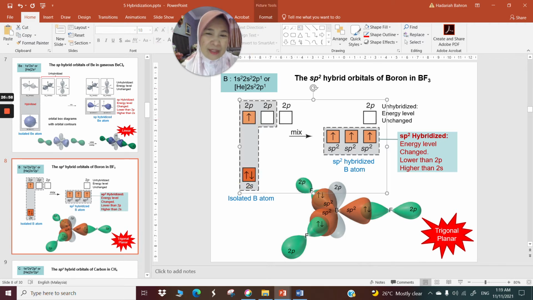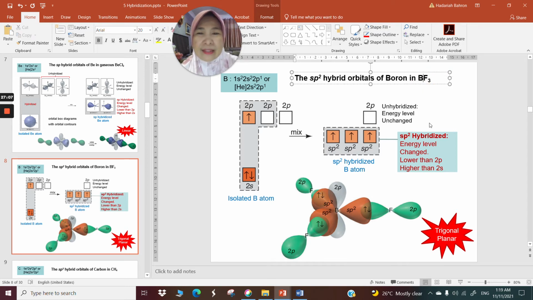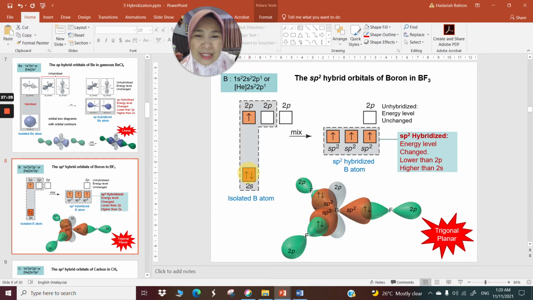And for your BF3, you are getting three bonds, obviously. One BF, another BF, and another BF. You're getting three bonds. So you cannot have sp hybrid orbital because sp will only give you two bonds. So you need to have three bonds. So to do that, you are mixing s and 2p.